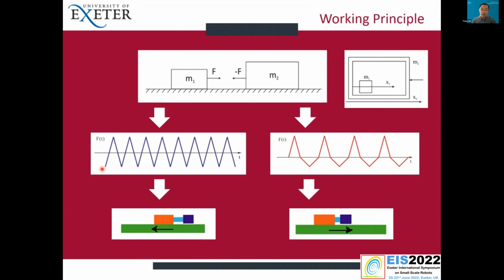If this force is symmetric, the whole system under friction will oscillate at its original position. But if we make this force asymmetric, like this, then we can control the direction of the system by controlling the force profile of this excitation.